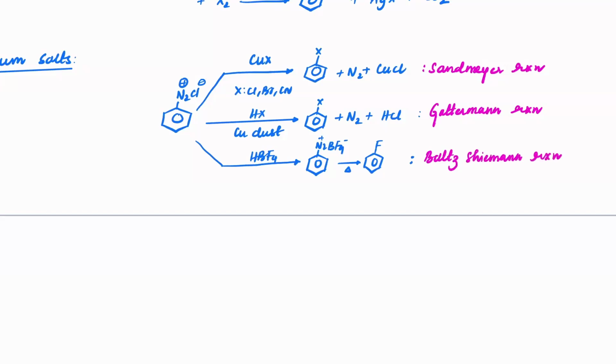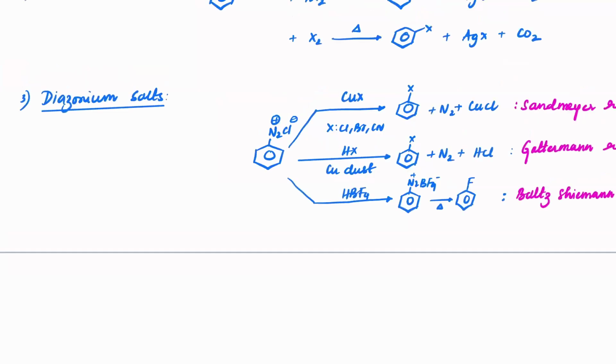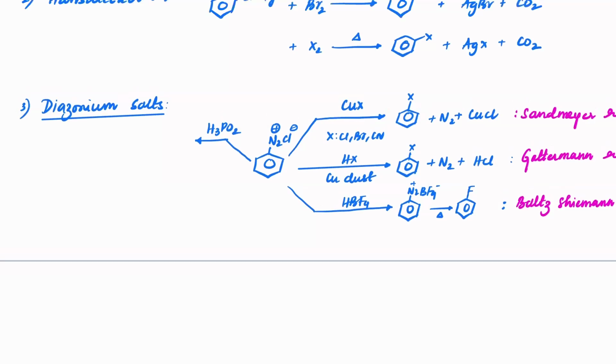Okay. The other reactions will be more relevant going ahead, but I'm writing them for the sake of understanding here. If you react with H3PO2 followed by water, it will become Ar-H. That means you will get benzene and H3PO3. The same reaction will happen even with ethanol.